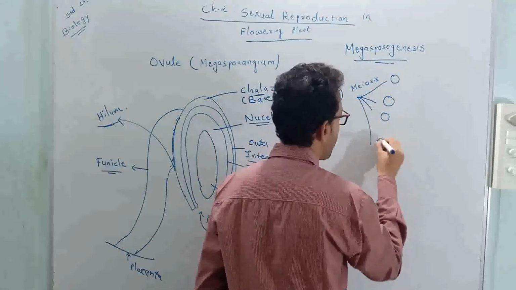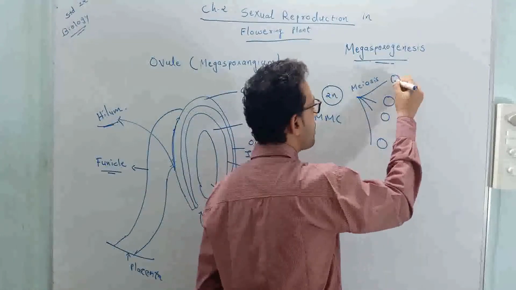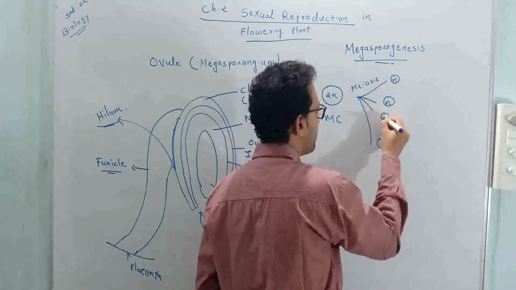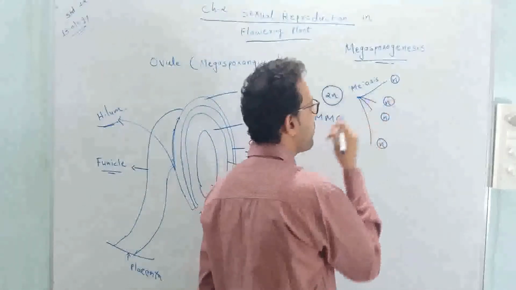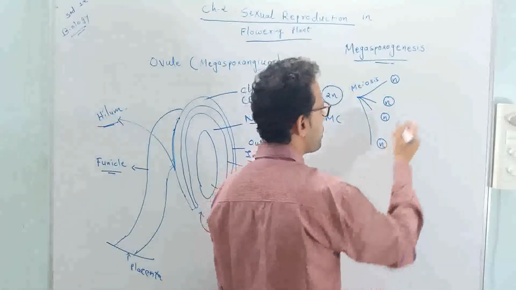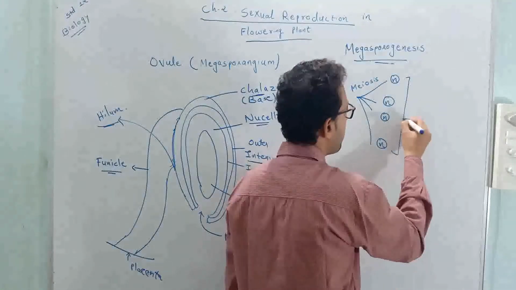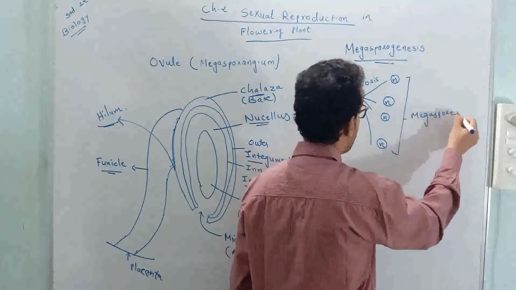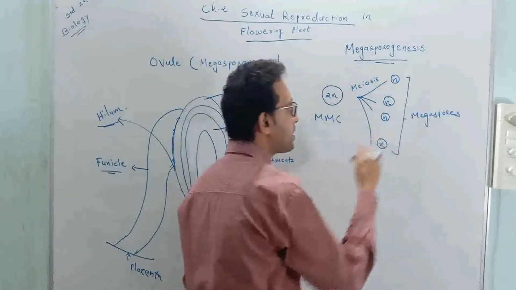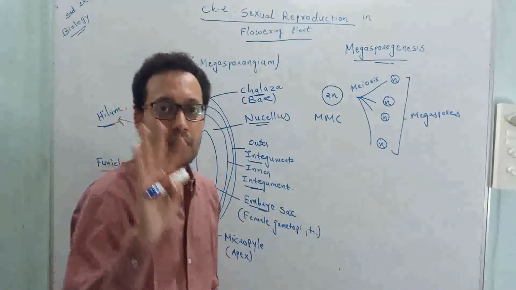How many megaspores are formed? Yes, 4 megaspores are formed. Each contains half the number of chromosomes of the parent cell, because it's a meiosis process. These all are megaspores. So one megaspore mother cell generates 4 haploid megaspores.